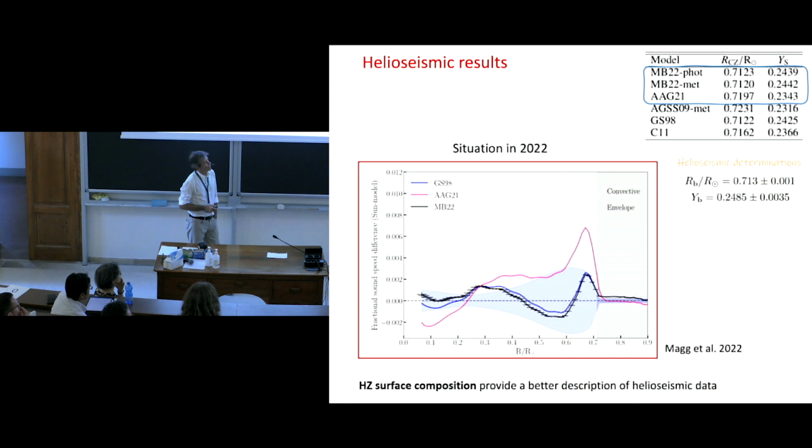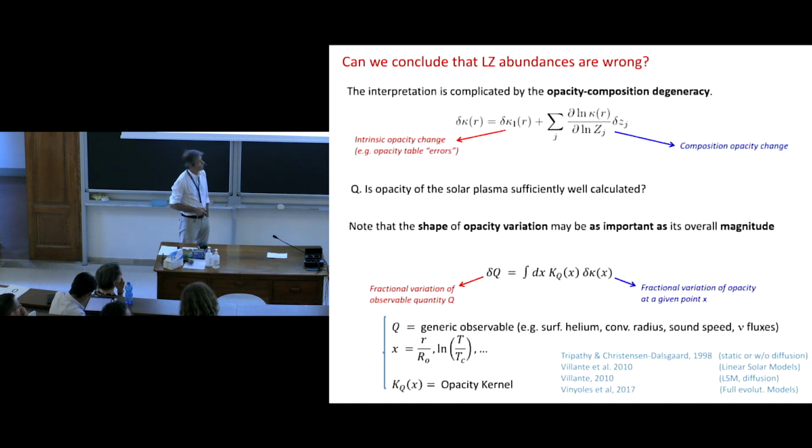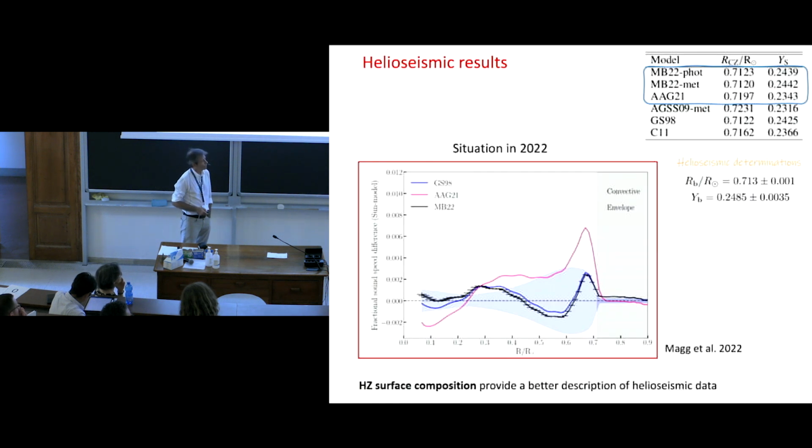Here we also have the predictions for these different models, with some variance which can be considered, for the depth of the convective region and the surface helium abundance. You clearly see that the high-Z surface composition provides a better description of helioseismic data. Now, can we conclude, due to this result, that the low-Z composition is simply wrong?